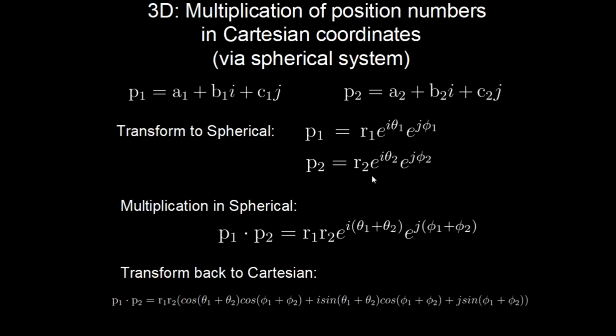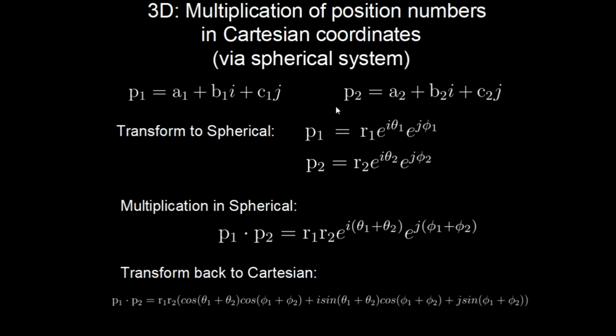Now, back to 3D, about the multiplication of position numbers in Cartesian coordinates. Here, P sub 1 and P sub 2 are two position numbers in 3D Cartesian coordinates. Since there's no division algebra in 3D, performing the multiplication of the two position numbers in the Cartesian coordinate system is not feasible.